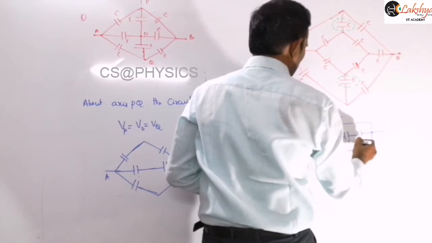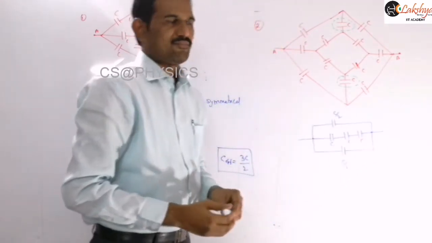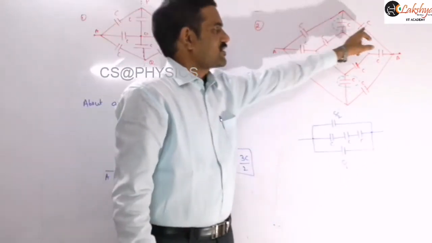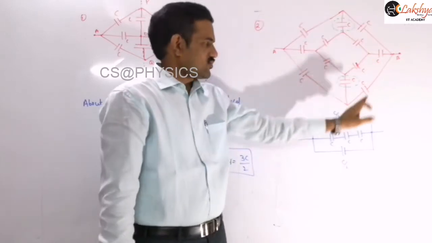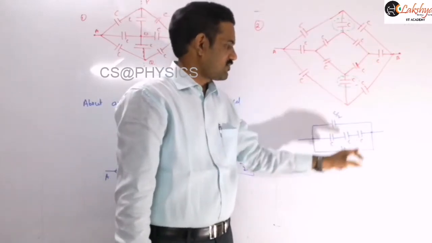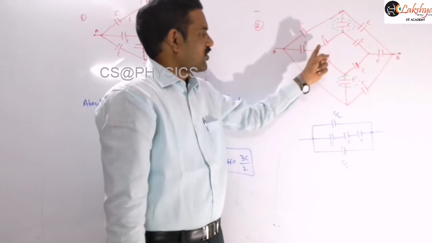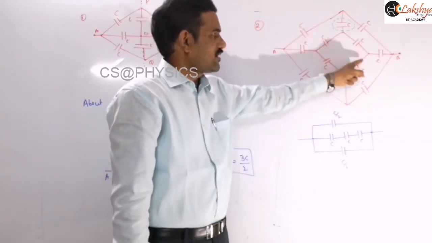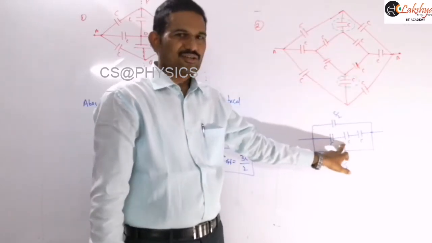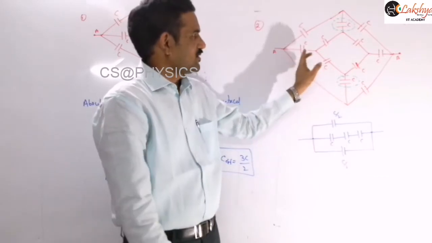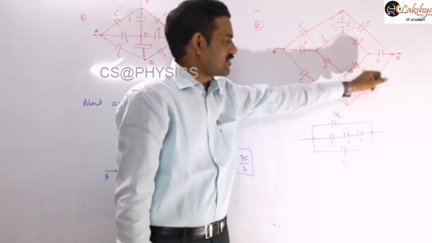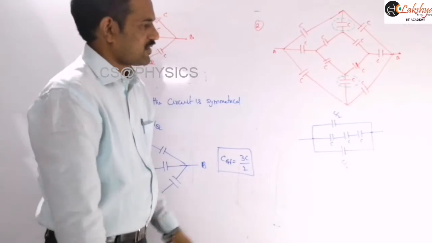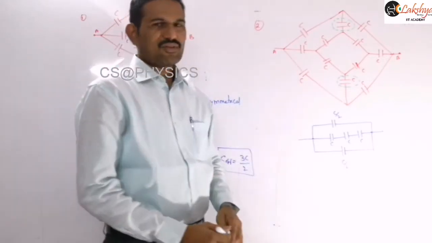And this is C, C and C. So is it clear? These two capacitors give C by 2, that is here, and these two capacitors give C by 2, that is here. And for this square you will get another capacitance C, the equivalent of that square, and the remaining two C's are there here, so I am just representing it like that. Then you can simplify this effective capacitance.